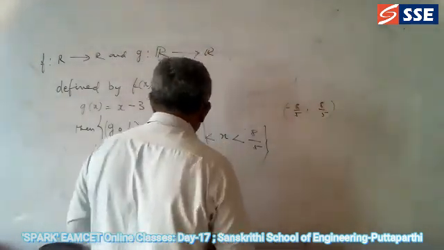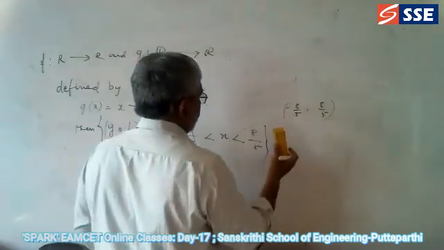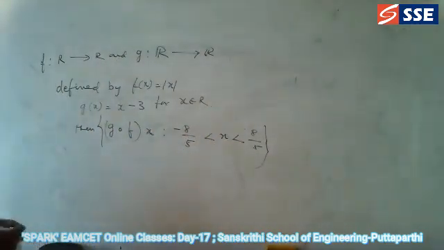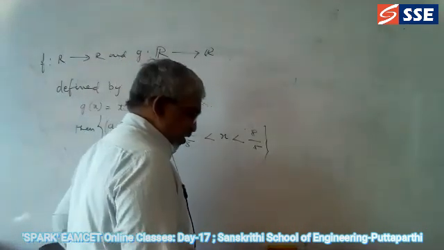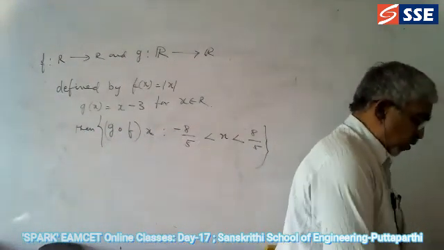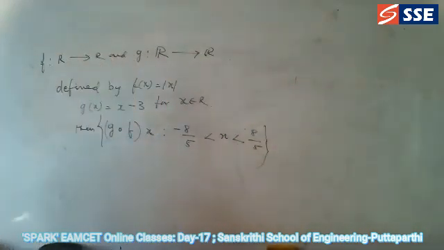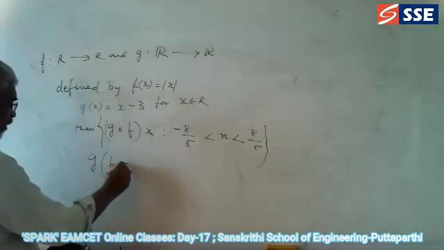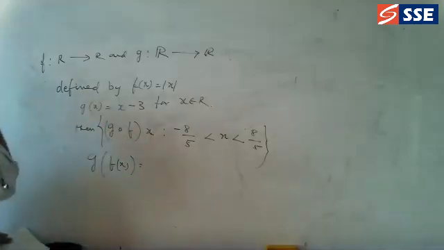So we have to find G composite F. Can anybody say what the value is? G composite F means G of f of x. First, what do you have to find?